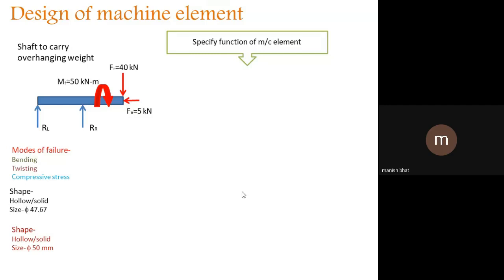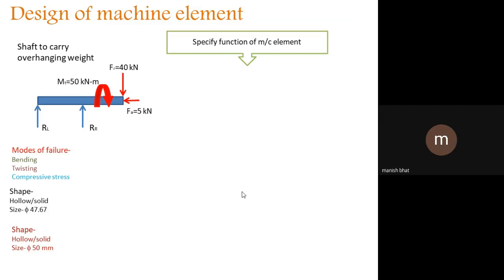A few more forces are shown by red arrows. One is a downward arrow, called FR. It is the radial force. It is acting downward. Why is it radial? Acting along the radius of that round member.